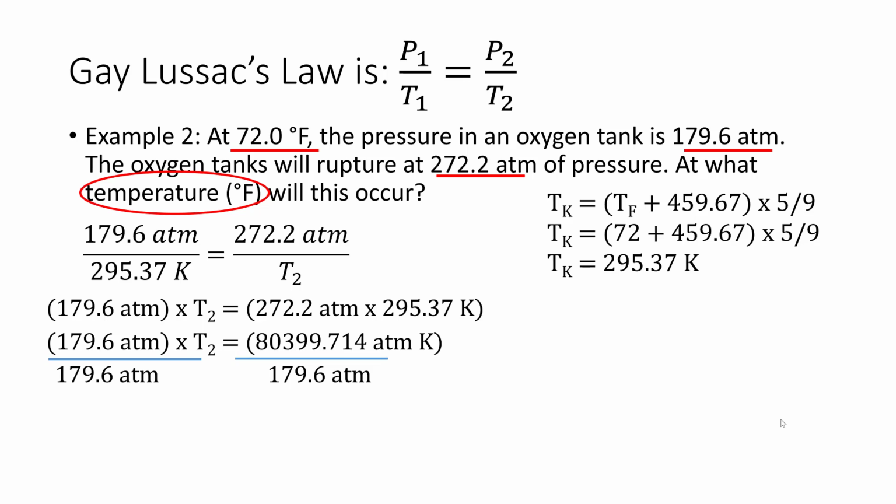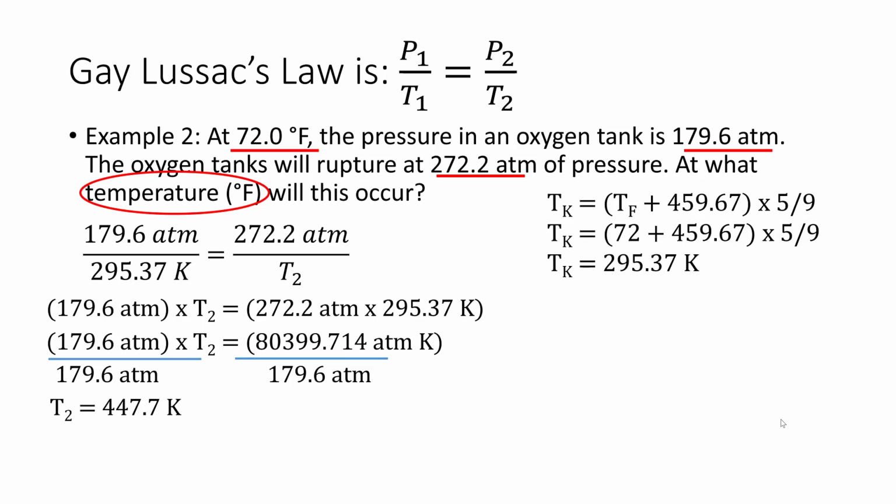And on the right side, we're going to have to do that division in your calculator, but then the atmosphere units will cancel out with each other. We'll be left with Kelvin units. And hopefully you got that T2 equals 447.7 Kelvin.